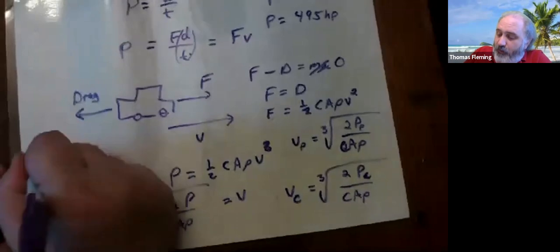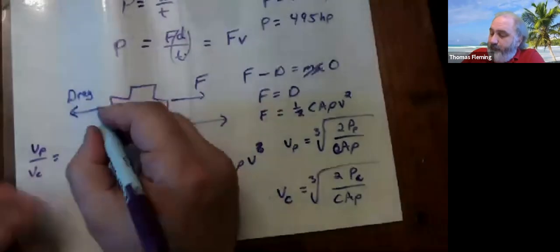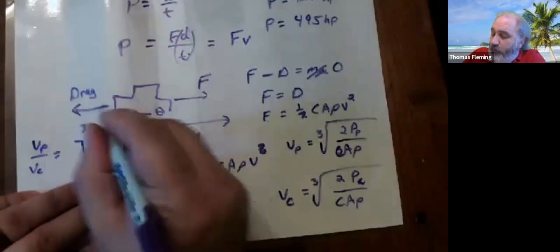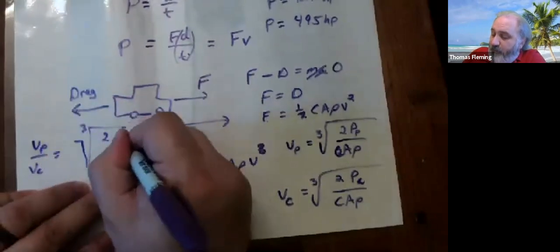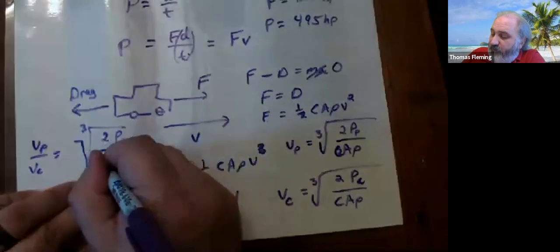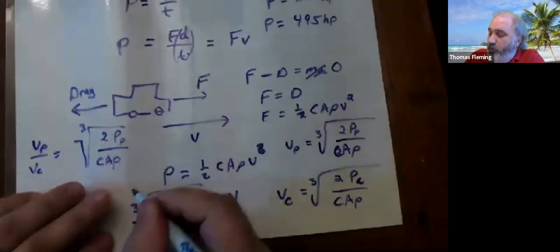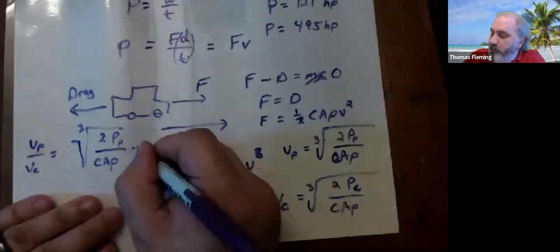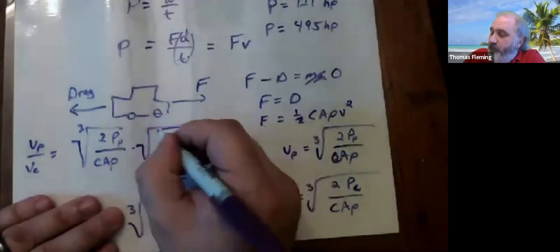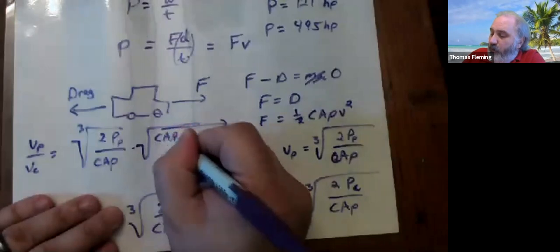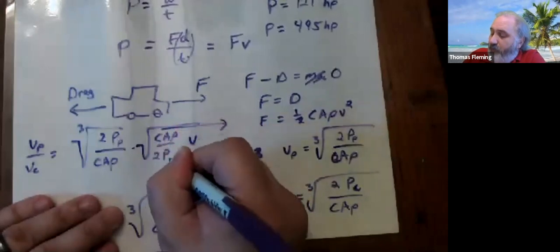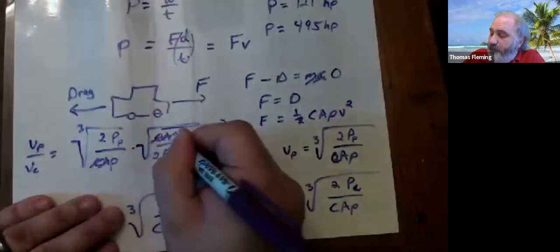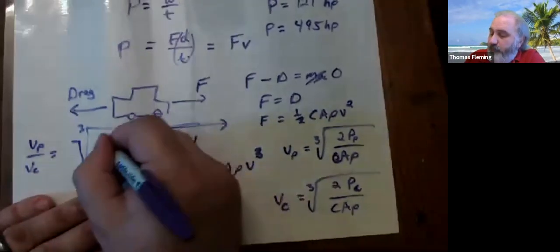That way, all the stuff they have in common will cancel out. So V_P over V_C is going to be the cube root of 2 times the power of the Prius over CA rho. But then I multiply by the reciprocal of the bottom, so it's going to be CA rho over 2 power of the Corvette. And notice all the garbage that's in common is going to cancel.